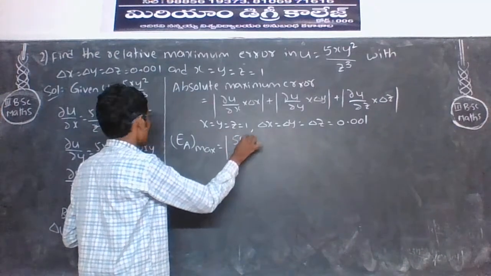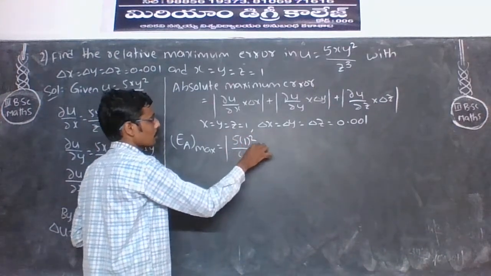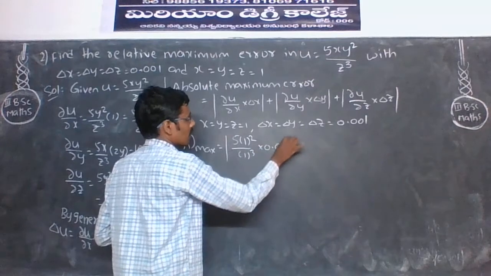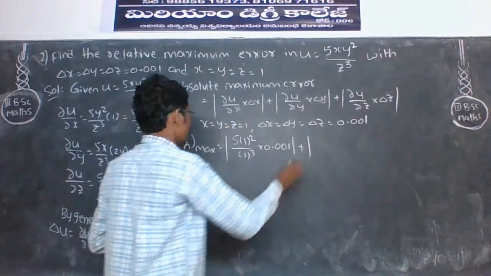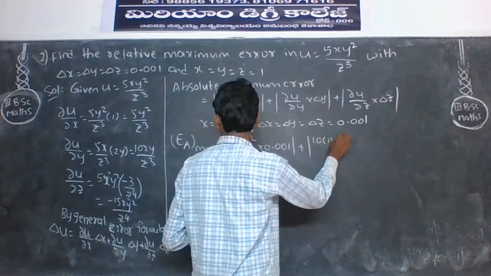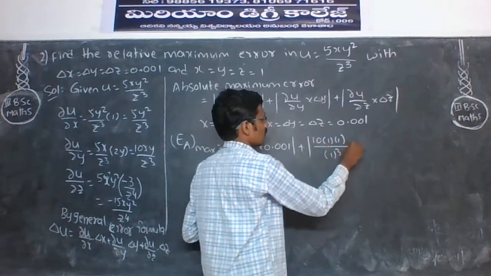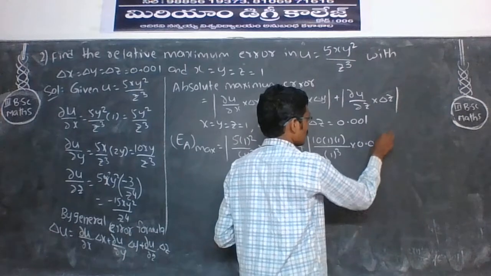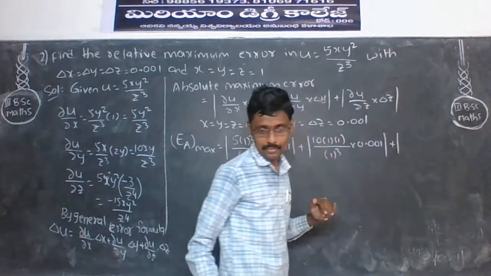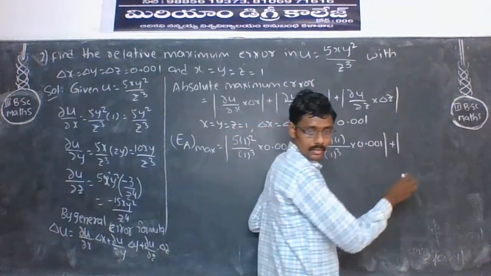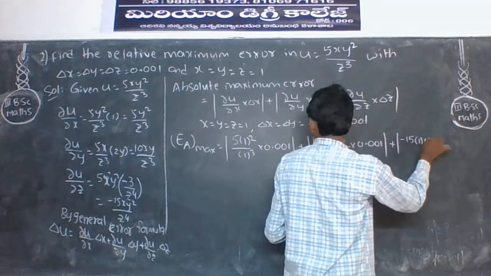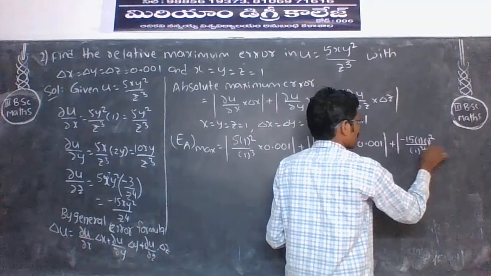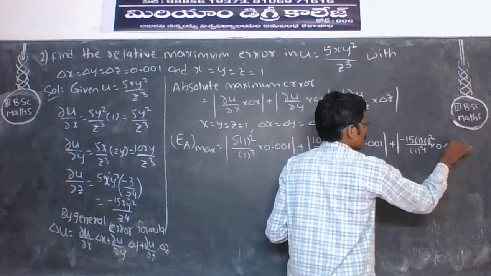Absolute maximum error EA maximum is equal to dou u by dou x, 5 into 1 square by 1 cube, into 0.001, plus dou u by dou y, 10 into 1 into 1 by 1 cube, into 0.001, plus minus 15 into 1 into 1 square by 1 power 4, into 0.001.